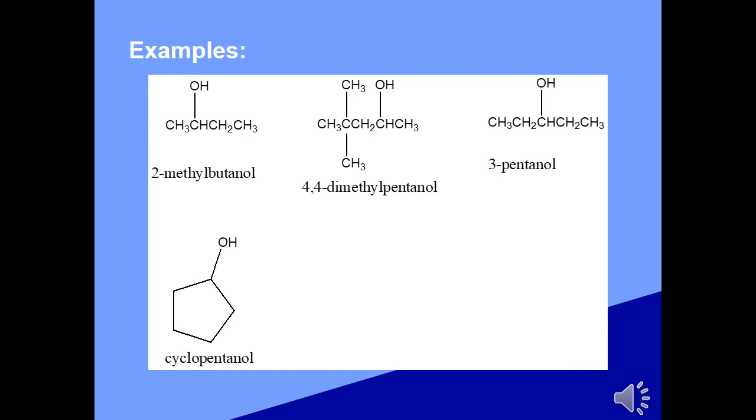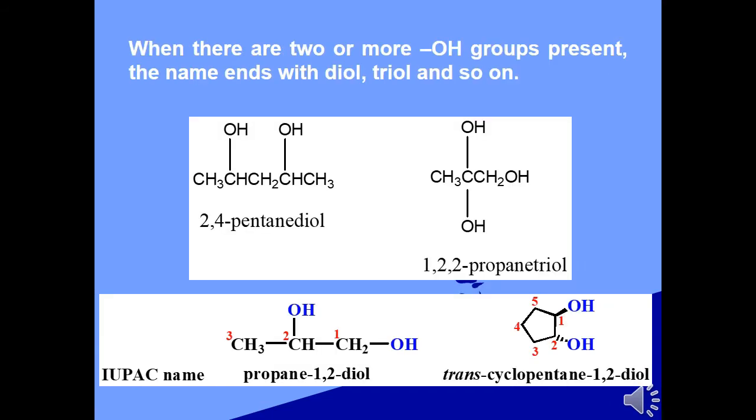Third is 3-pentanol, which is correct. And next is cyclopentanol. The structure and naming example for aliphatic alcohols.